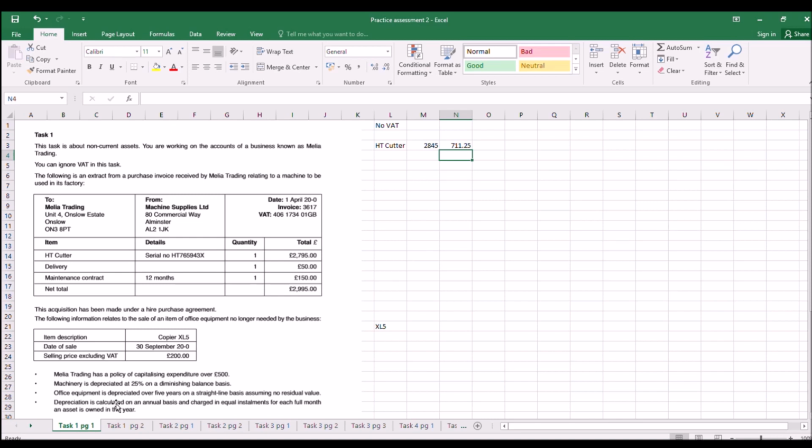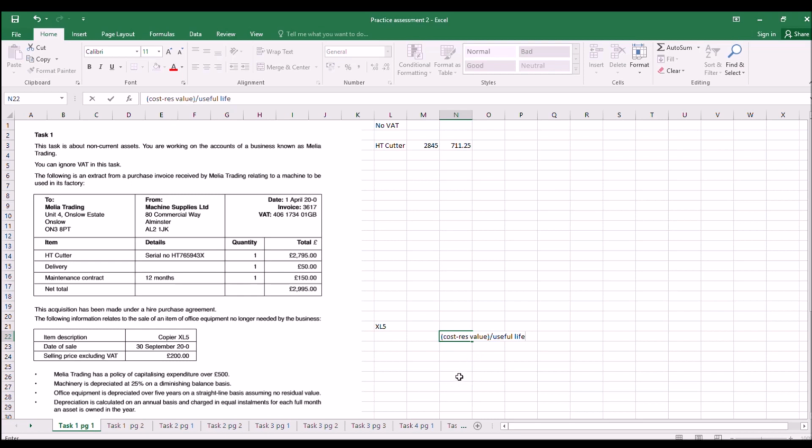Office equipment is depreciated over 5 years on a straight line basis, assuming no residual value. Okay, so that's just basically taking the historical cost. Then depreciation would be cost minus residual value, times by the depreciation rate, or alternatively divided by the useful economic life.